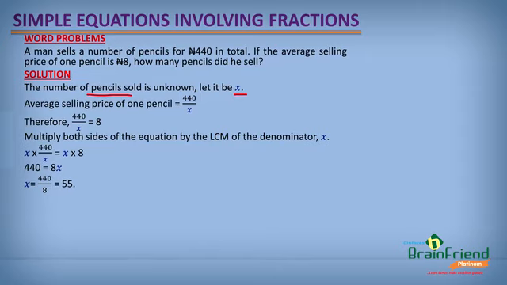Now from the second statement, it says the average selling price of one pencil is 8 naira. The average selling price of one pencil will be the total sales over the number of pencils.